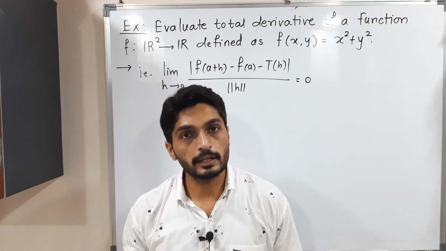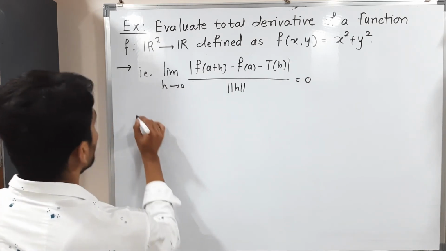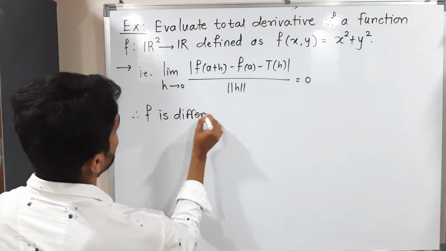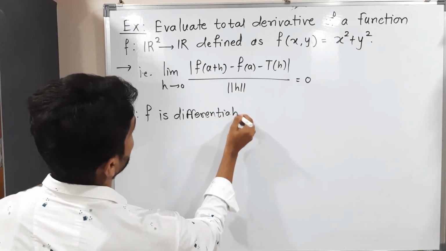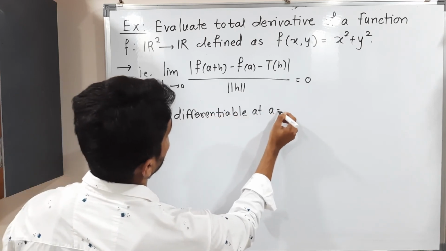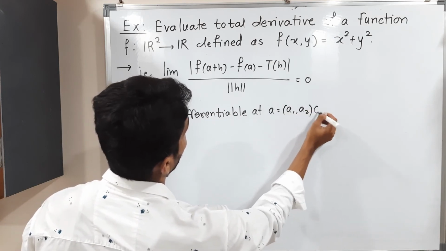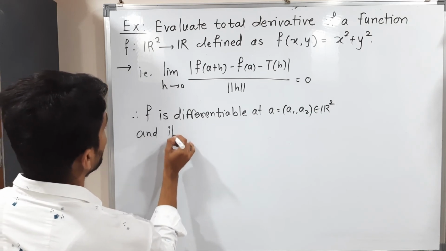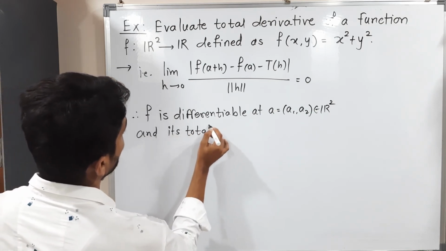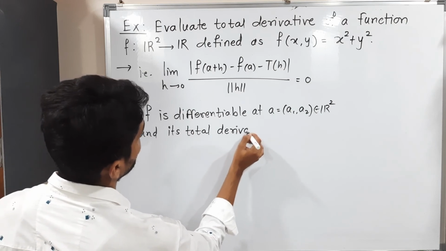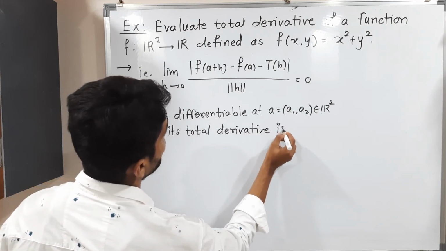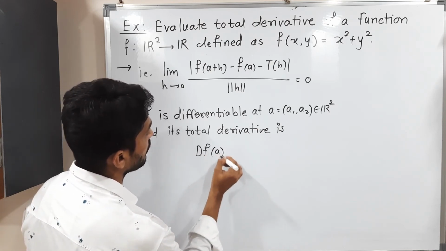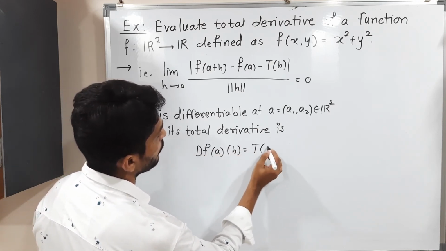So therefore we can declare f is differentiable at a equal to a1 comma a2 belongs to R2, and its total derivative is, so we write in this way, total derivative df of a of h, which is equal to t of h.